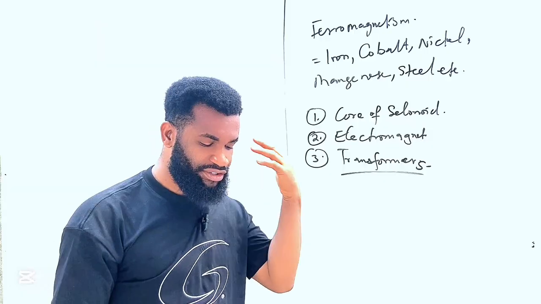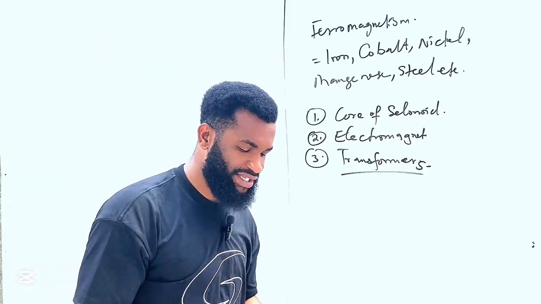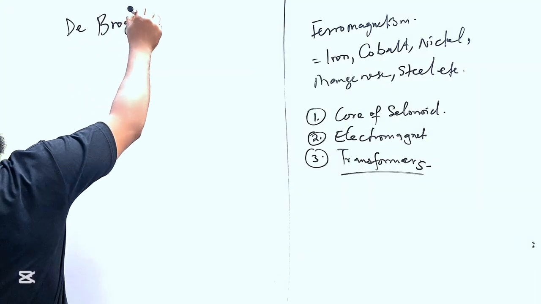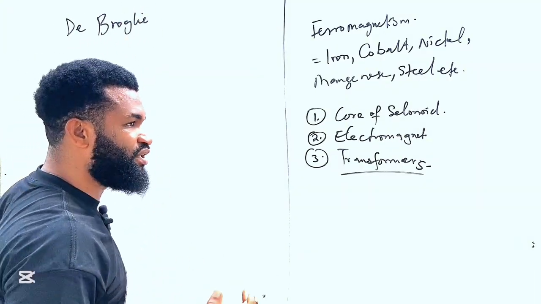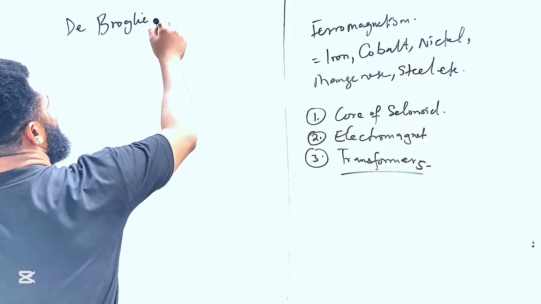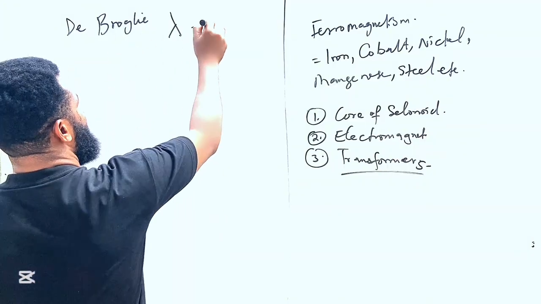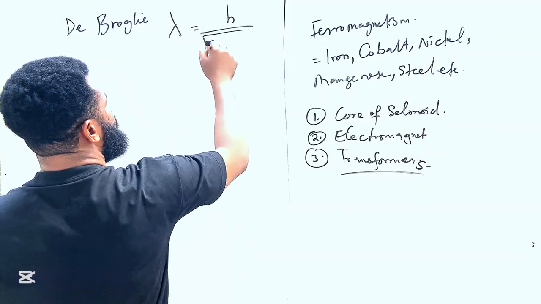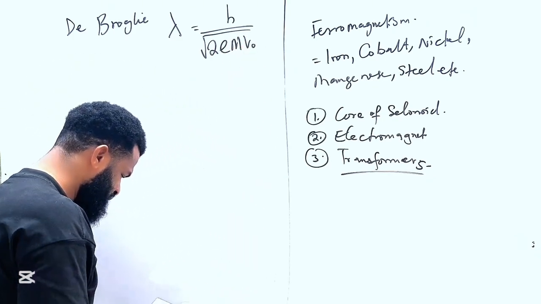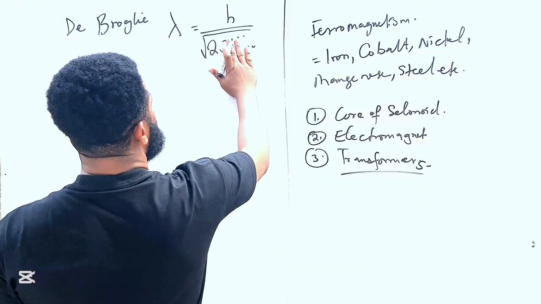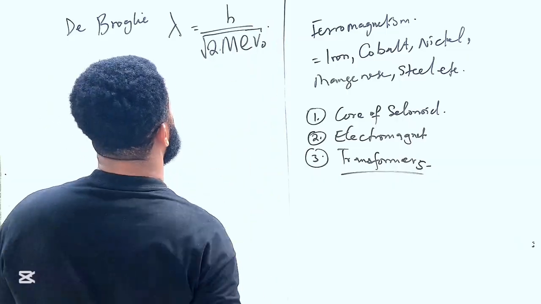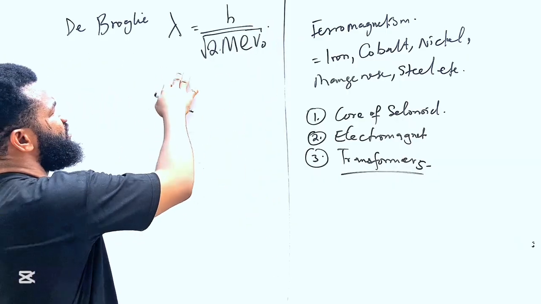Show that the de Broglie wavelength associated with the electron is given as h all over the square root of 2 e m V sub naught. So they want us to prove that this is true.